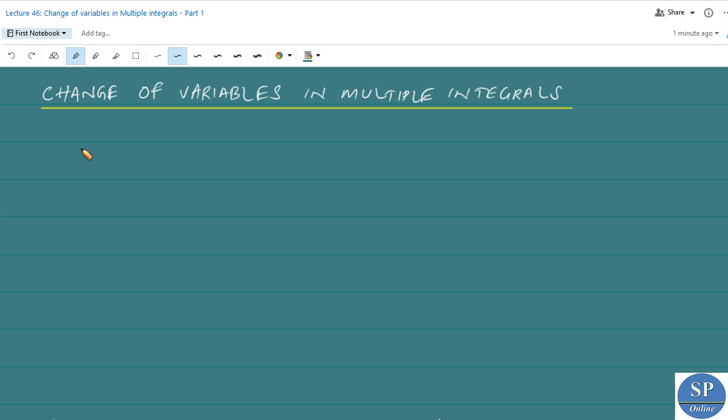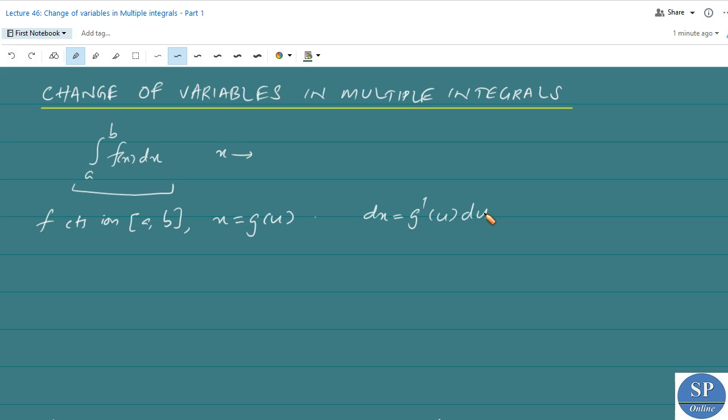To evaluate a definite integral of the form integral from a to b f of x dx, sometimes it is convenient to change the variable x into another variable. That is, if f is continuous on the interval [a, b] and x equal to g of u has a continuous derivative, and dx is g dash of u du, then we can change the variable of this integral.